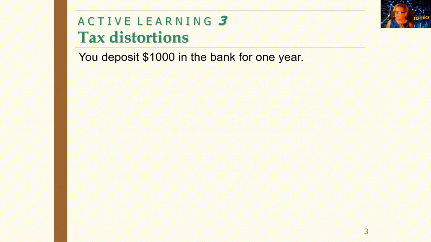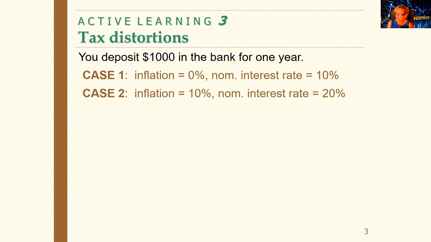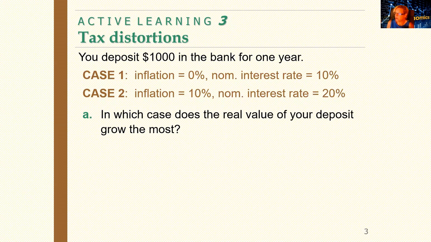Because we now know this, let's take a look at how taxes influence both our savings and our borrowing. If you deposit $1,000 in the bank for 1 year, the first case is the inflation rate is 0, nominal interest rate is 10%. Second case, inflation is 10%, nominal interest rate is 20%. In which case does the real value of your deposit grow the most? Then we're going to assume a tax rate of 25%, slightly less than capital gains tax.